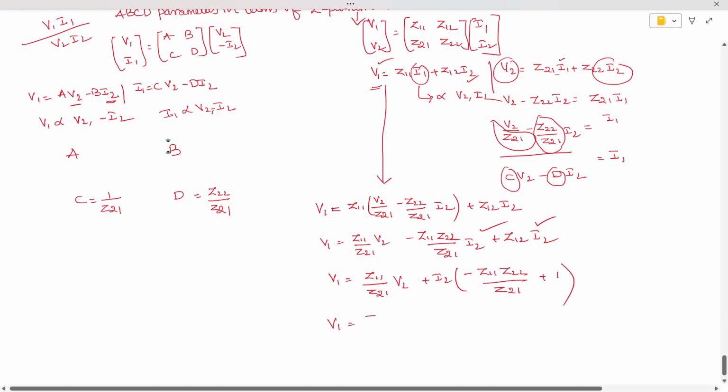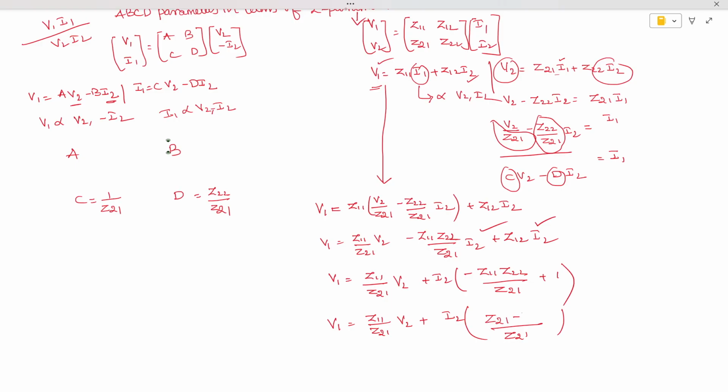Therefore, V1 is equal to Z11 divided by Z21 V2 plus I2 into, taking the LCM Z21, Z21 Z12 minus Z11 Z22 over Z21.